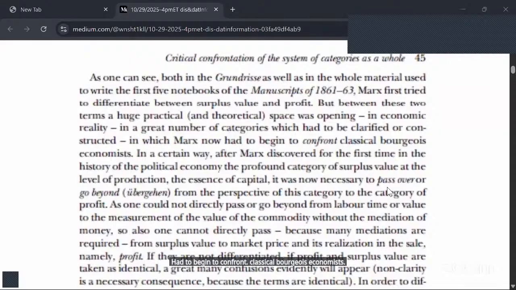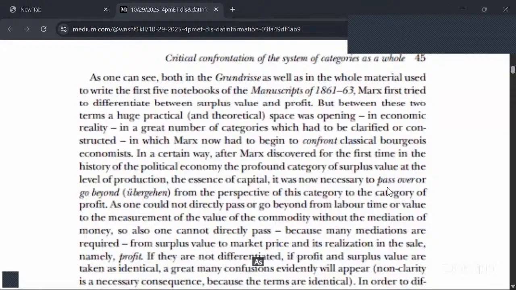In a certain way, after Marx discovered for the first time in the history of political economy the profound category of surplus value at the level of production, the essence of capital, it was now necessary to pass over or go beyond, Übergehen, from the perspective of this category to the category of profit.